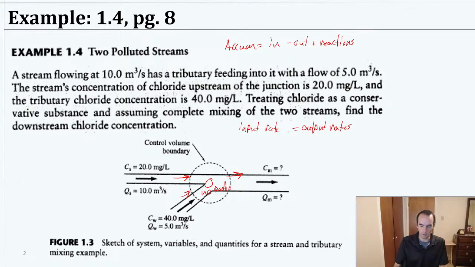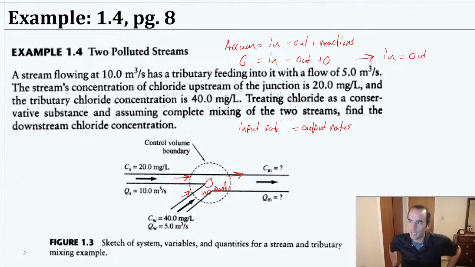We're just looking at the area where they're mixing here. So we should have no accumulation of the chloride. Then we have the inputs minus the outputs and no reaction. That gives us in equals out. You probably could have intuited that, but if we had some reactions involved, or a little bit more complicated of a system, our intuition might not give us the full picture right away. So it's kind of nice to be able to start from this broad accumulation term and work from there.